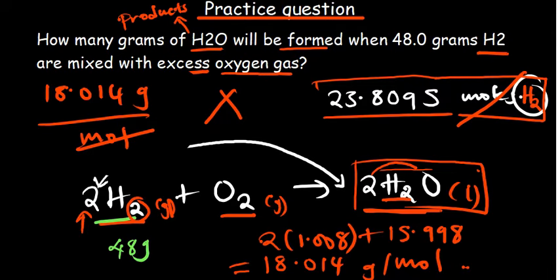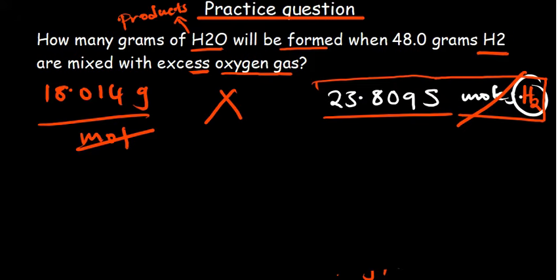Our answer becomes 428.9 grams. So we need to go back to our question and observe the number of significant figures. 48.0 has 3 significant figures, so I want to make sure our answer is also 3 significant figures.